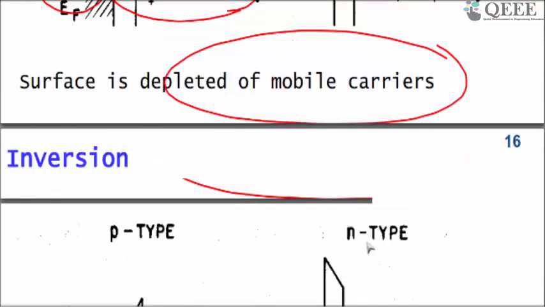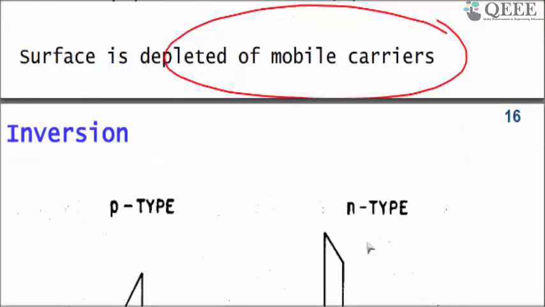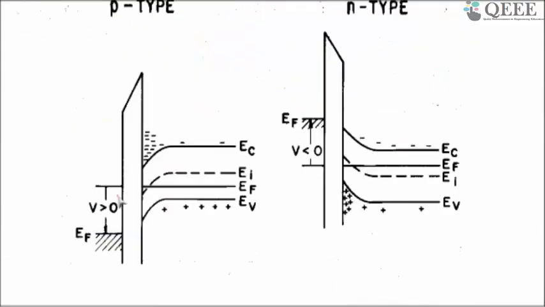Then if you move on to something known as inversion, if you keep on increasing the positive bias, that is similar to an n-channel transistor, we will come to n-channel. Here you are applying more and more positive bias.